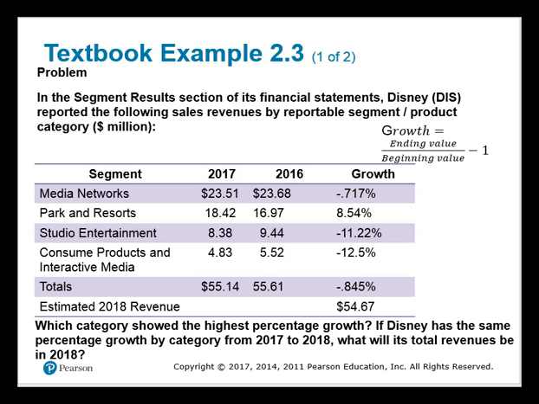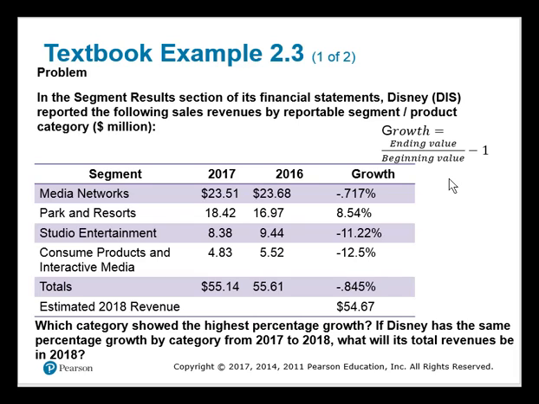The last thing we want to look at is information I gathered from Disney, and Disney reports its segment revenues. In 2017, in millions, Disney's media networks had $23.51 million in revenue. In 2016, it was $23.68 million.